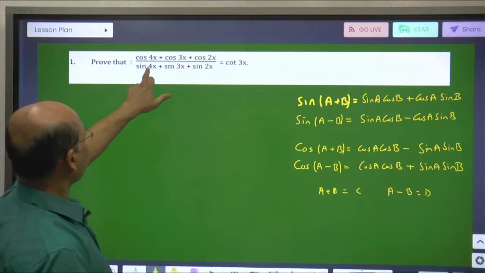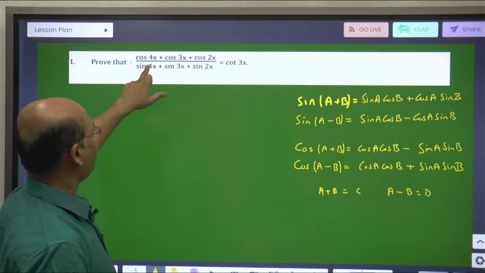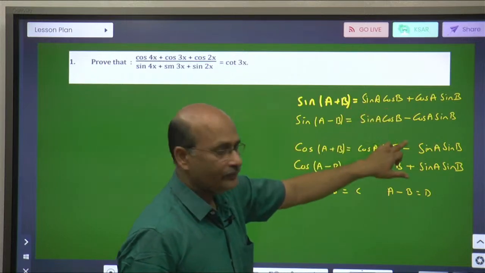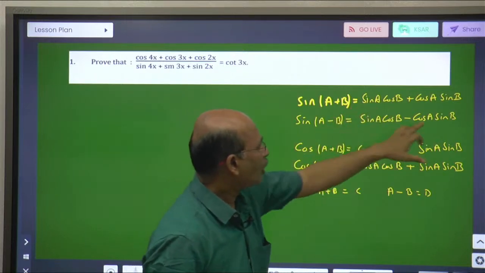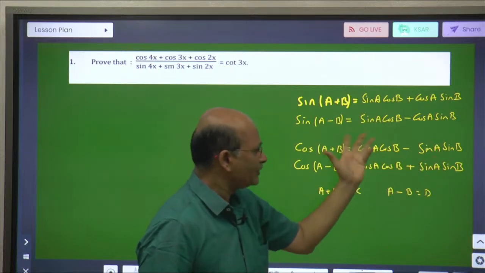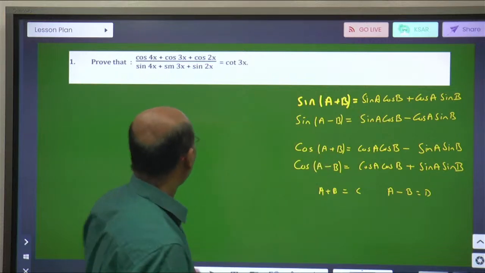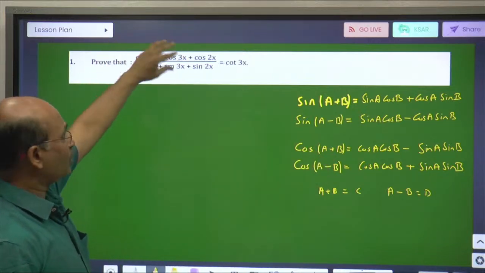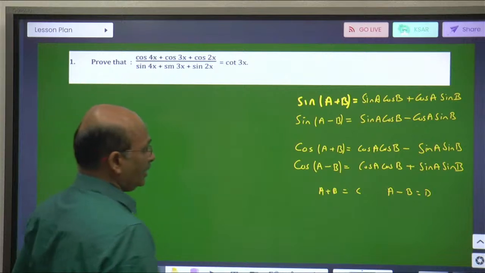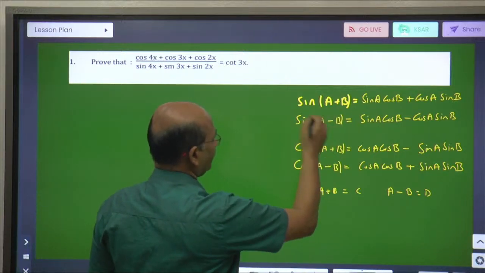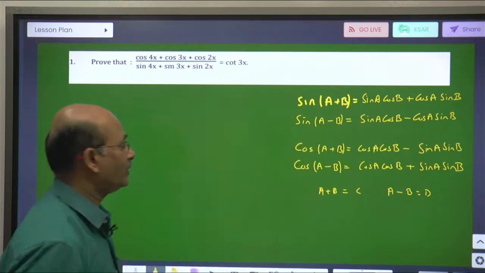This is not compound angles. There is a product here: sin a cos b, cos a sin b, sin a sin b. This is a product, and this is a sum of two or more angles. But whenever it is an individual trigonometric addition or subtraction, keep in mind it is always cos C plus cos D, sin C plus sin D, sin C minus sin D, whatever it is.